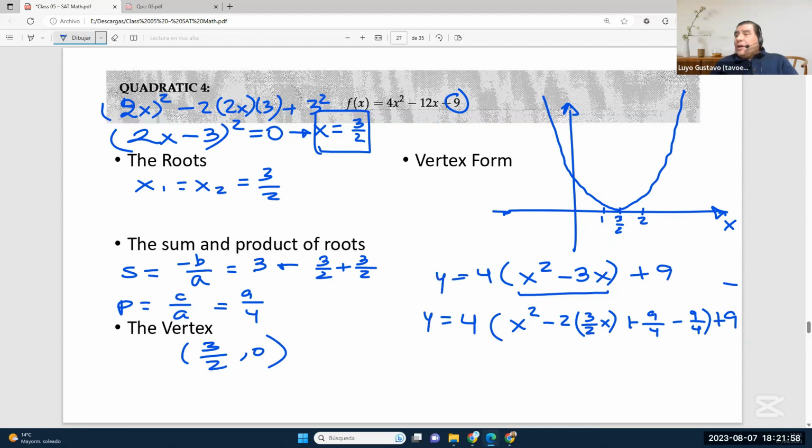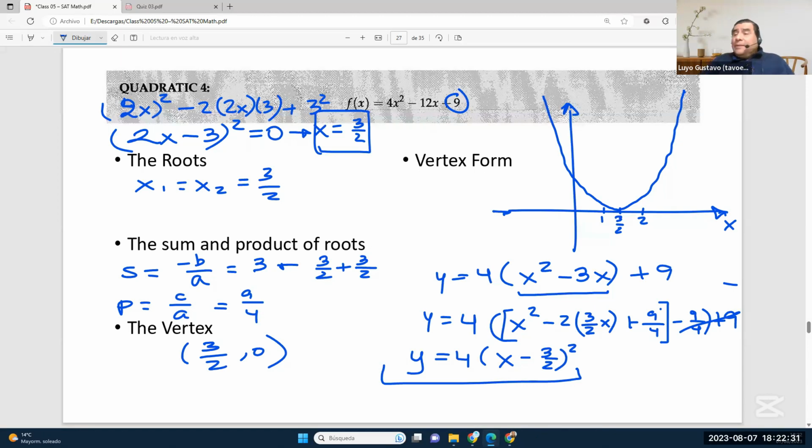Okay, if we just take this part, this is 4 times x minus 3/2 squared. 4 times negative 9 over 4 is negative 9, which added with positive 9, these two get canceled. So this is the form of the equation. This is the vertex form.